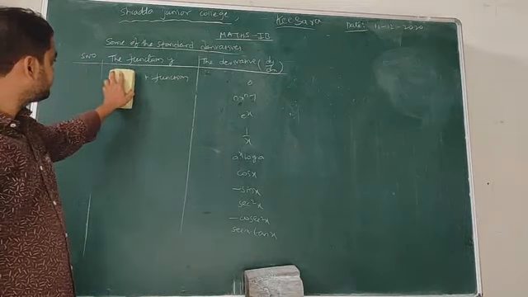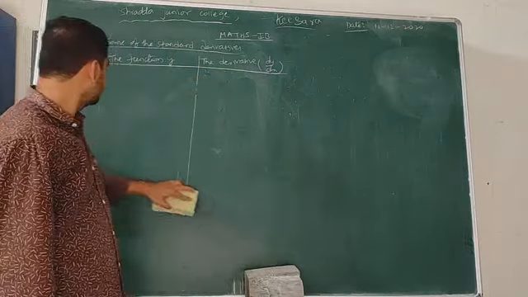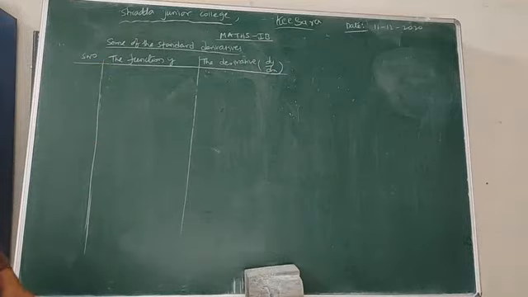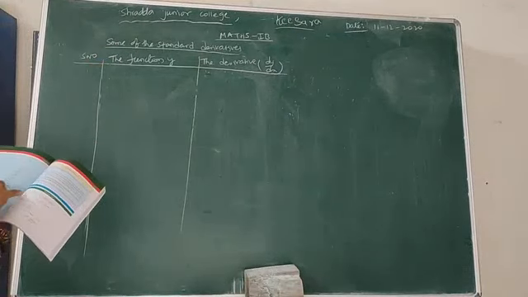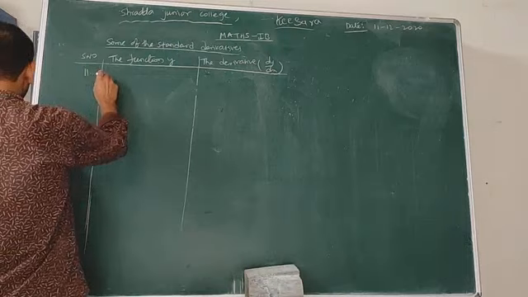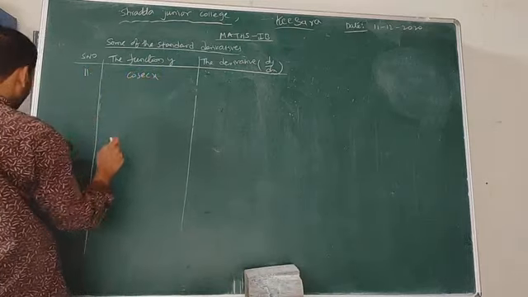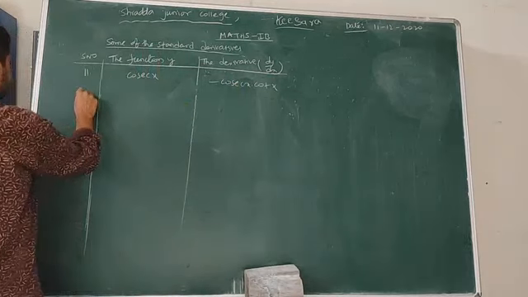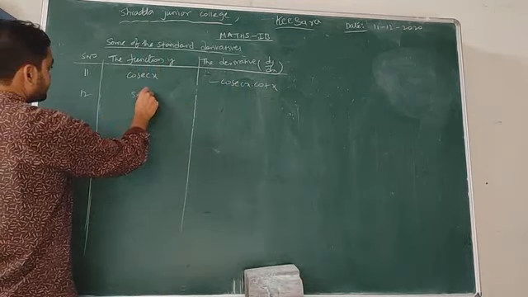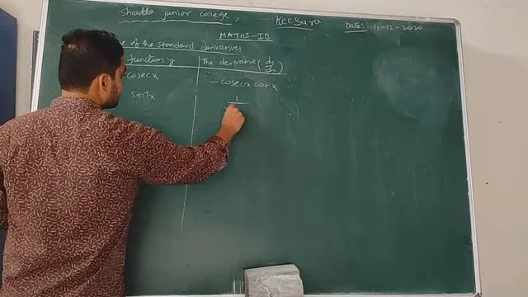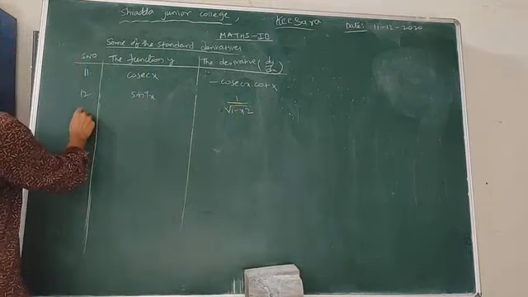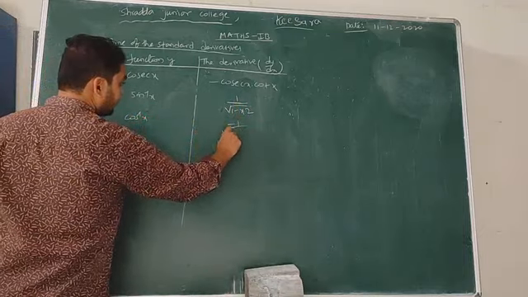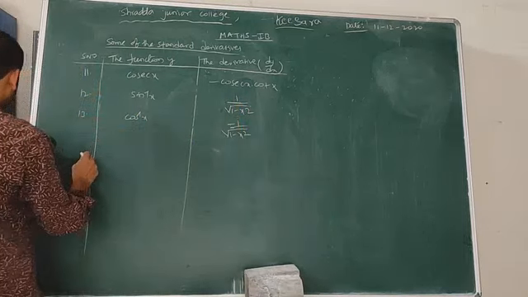Next, see. Next here, d/dx of cosecant x is minus cosecant x cot x. Next, 12, sin inverse x, 1 by root 1 minus x square. Cos inverse x, minus 1 by root 1 minus x square.